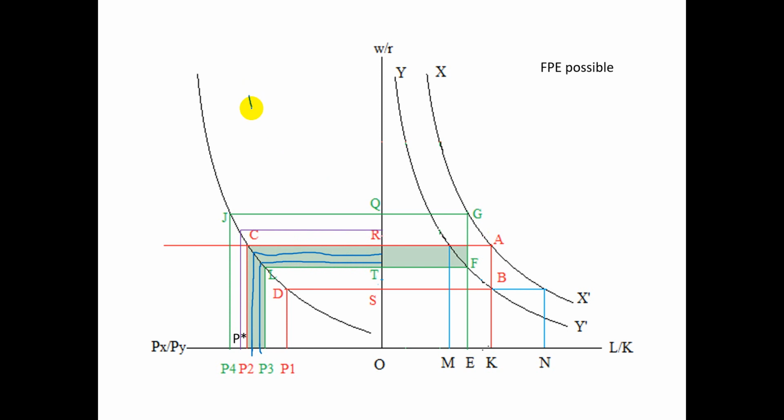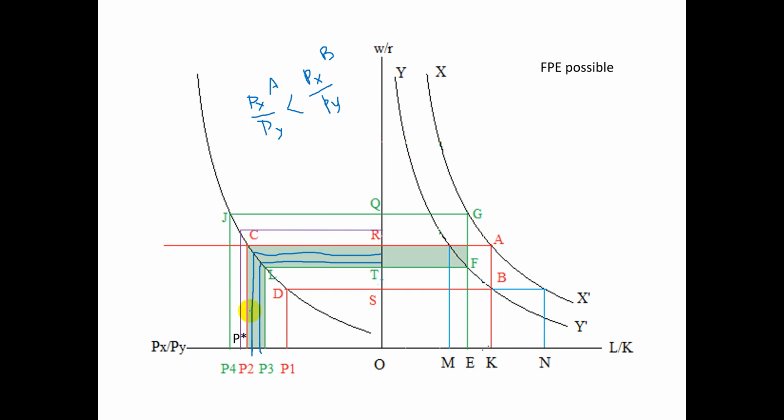So we get that Px by Py in A is less than Px by Py in B. So the labor abundant country will be having a comparative advantage in the labor intensive commodity.